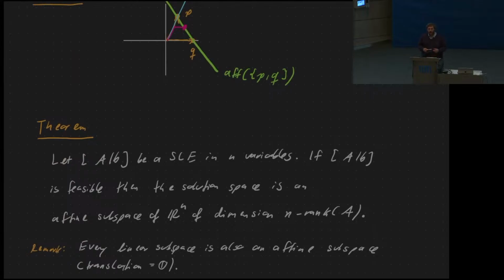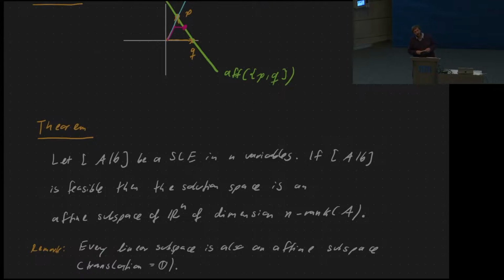And finally, the one theorem that is the reason for talking about affine spaces at all. You remember that last week we said the solution set of a homogeneous system of linear equations is a linear subspace of R to the n.